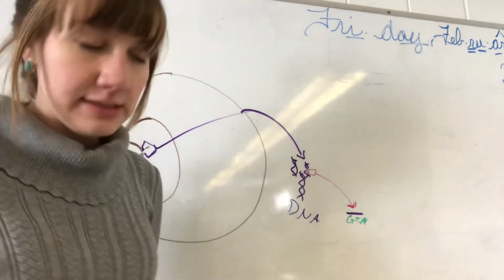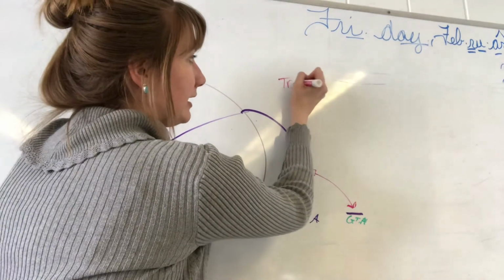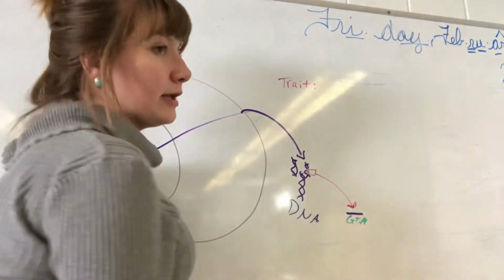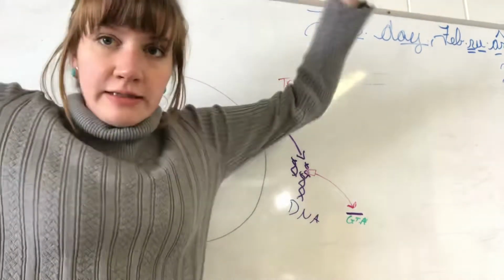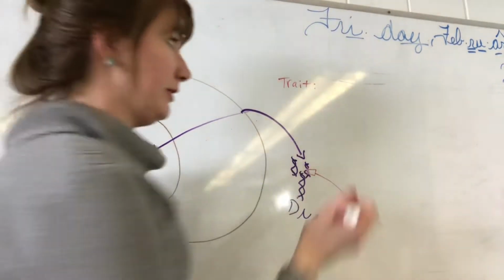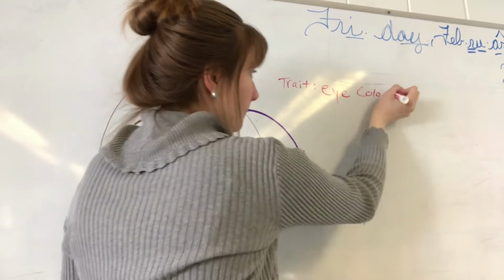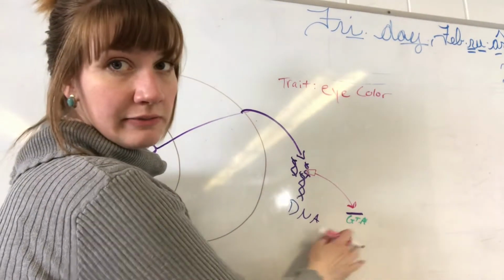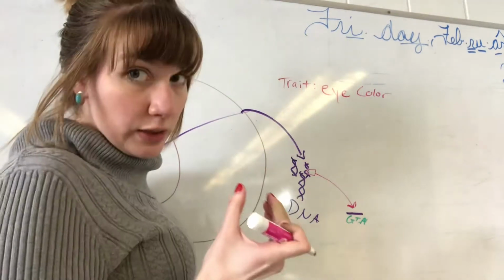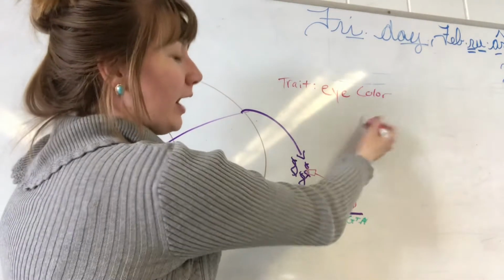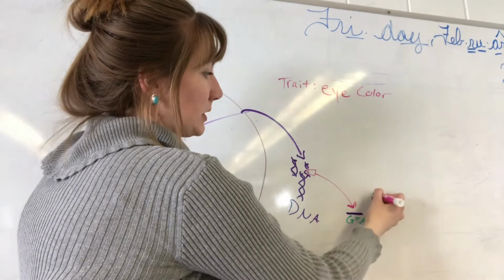The trait is the broad scheme of things, the big thing we're talking about, which was eye color. The gene is the code that's going to tell me what eye color we're talking about.